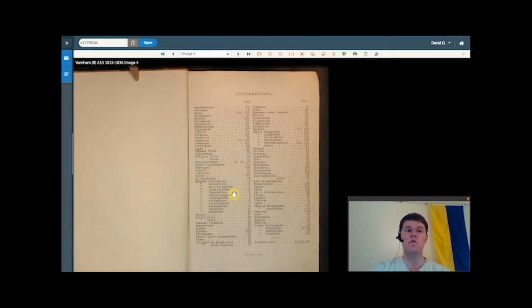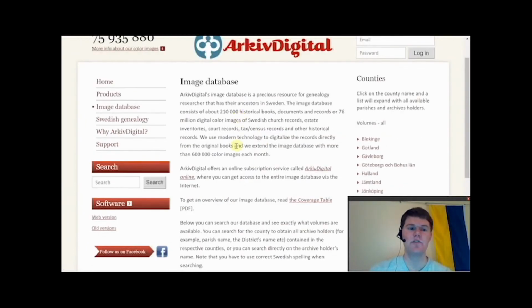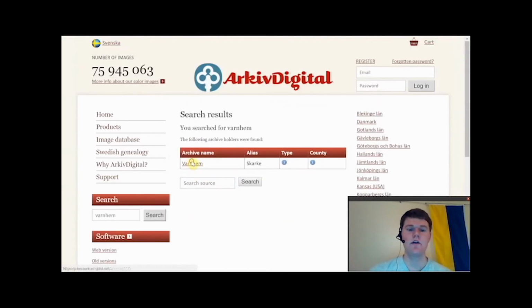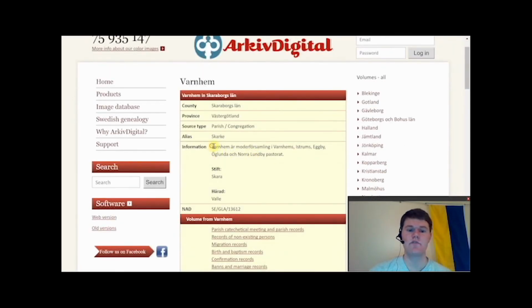And so to identify which are the related parishes, we can go to Archive Digital /volume, and then right here you search. So we search Varnhem. There it is. Wonderful.